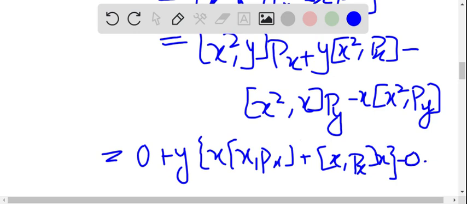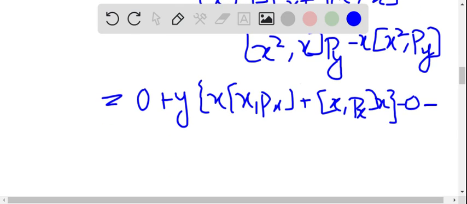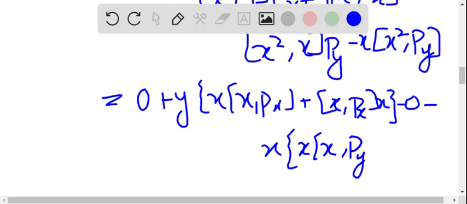So negative 0 negative, then again I'm running out of space, so I'm going to write the rest of the terms in the next line. So we have x comma p sub y plus x p sub y x, right?